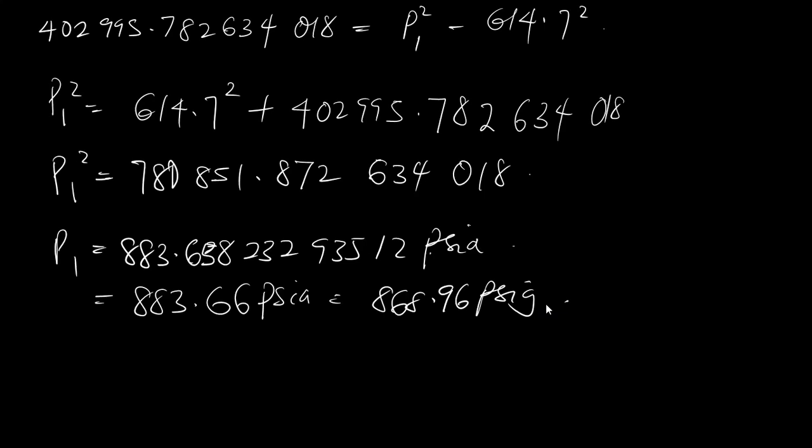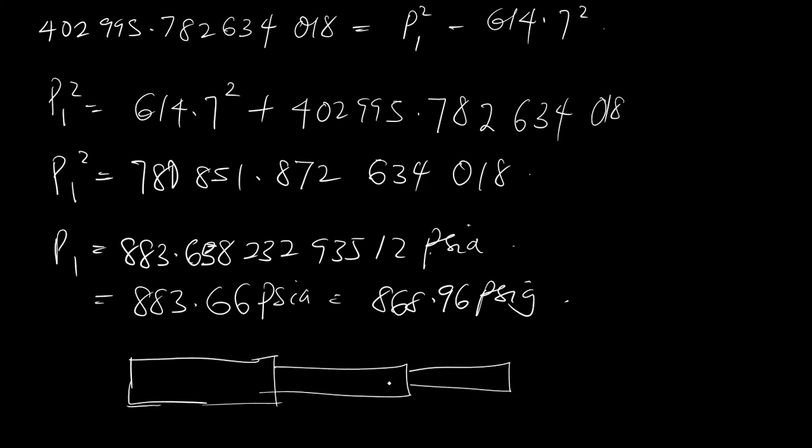Now, this can also be solved differently without calculating the equivalent length. Let's say this is the first section, this is the second section, this is the third section. We can calculate this section by section.